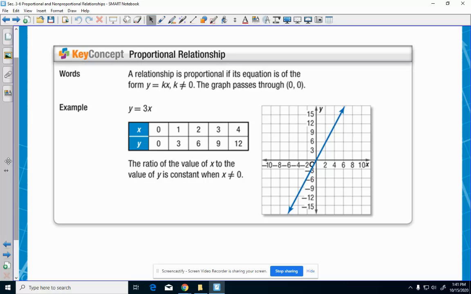As you look through there, in order to be proportional, tell me something that's got to be true. Yeah, I would agree with that. However, when you say it goes up by the same value, are you talking about there being a slope?